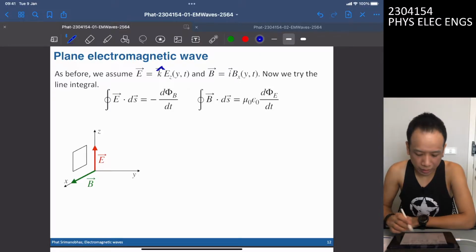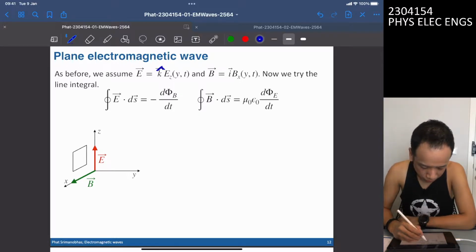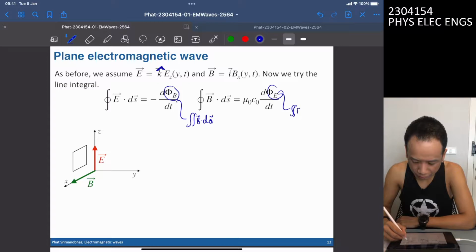Think about these two equations and what we get immediately after you see it. What you see on the right hand side of the equation, the phi B, is basically the integral of B dot dA, and phi E is the same, it's a flux.